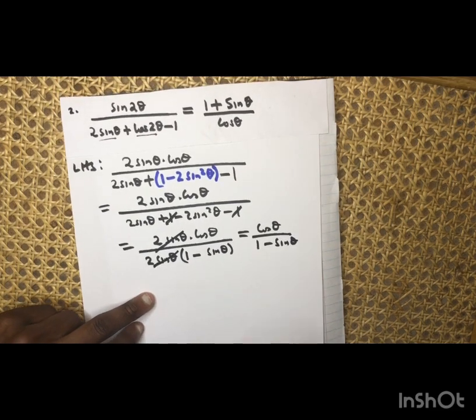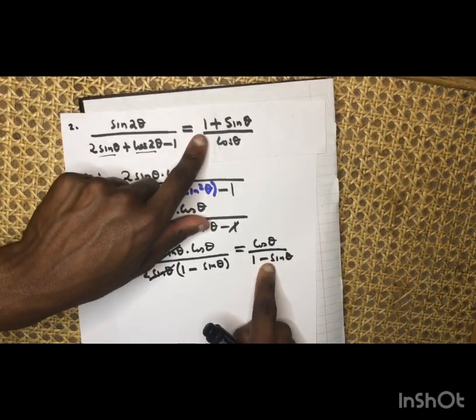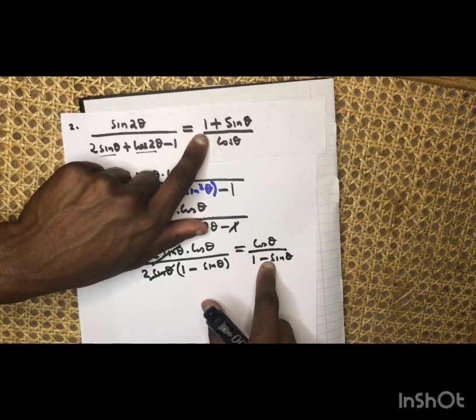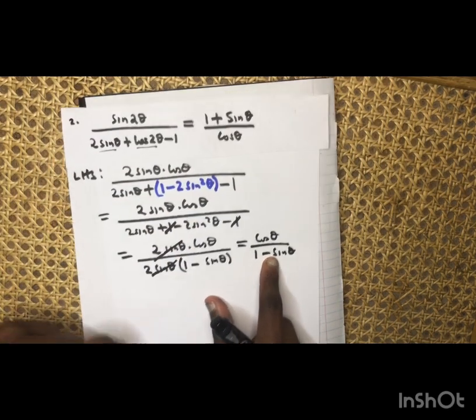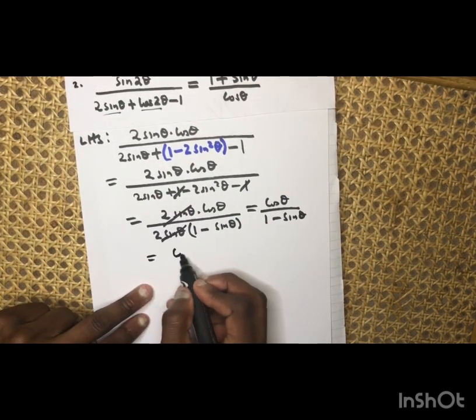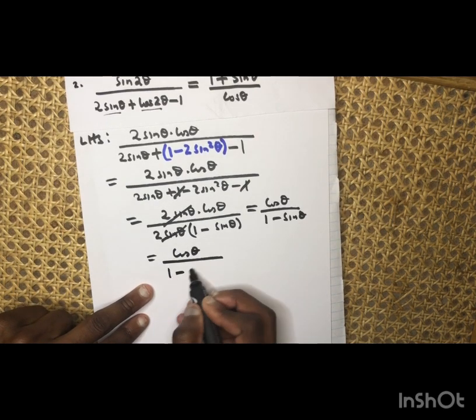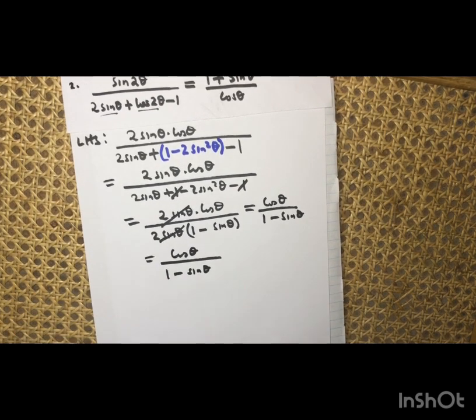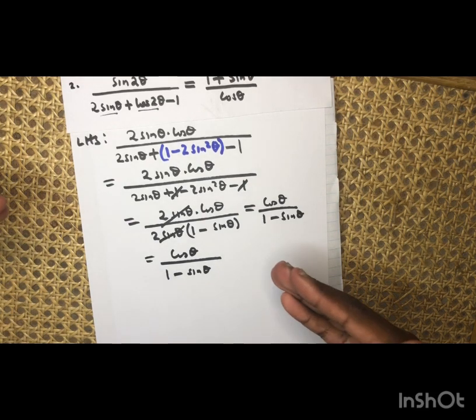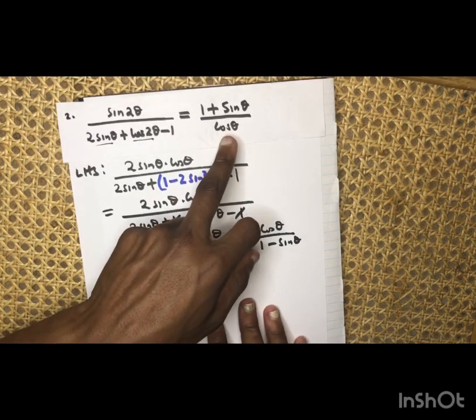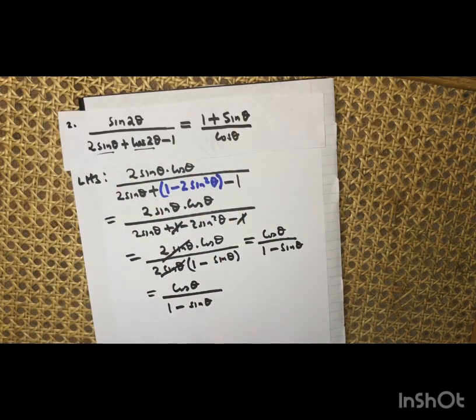Then you need to ask yourself, is this what you want? No, this is not what we want. We need to move again. So I have cos theta over 1 minus sine theta. Then you need to ask yourself, okay, what must I do now in order for me to get what I want?